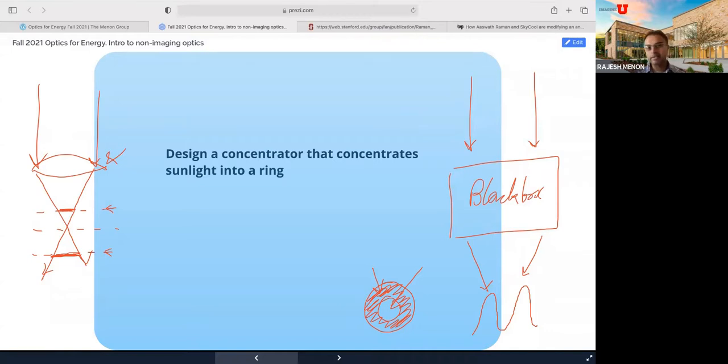A very simple thing you can do is simply put a shadow and block it off, right? That's kind of a trivial solution. So I can put a shadow on top here and simply block off the center, and then I have a region that's very bright outside. So that's a more brute force kind of solution.